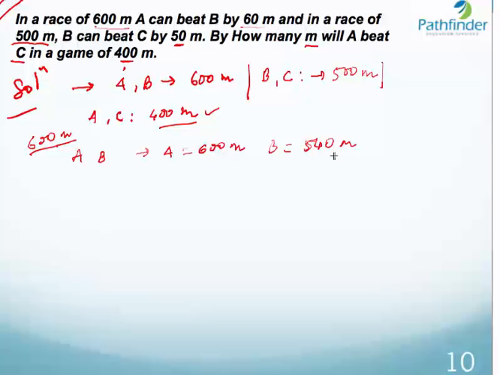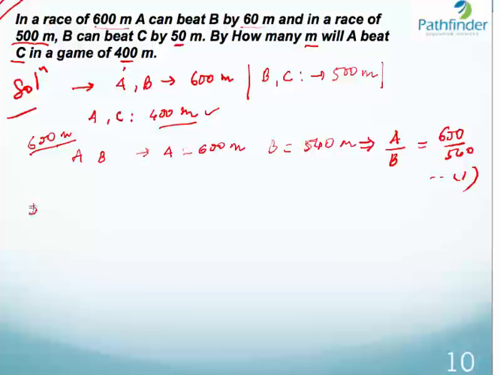So 540 is 600 minus 60, which gives us A upon B as 600 upon 540. Let us say this is equation number 1.